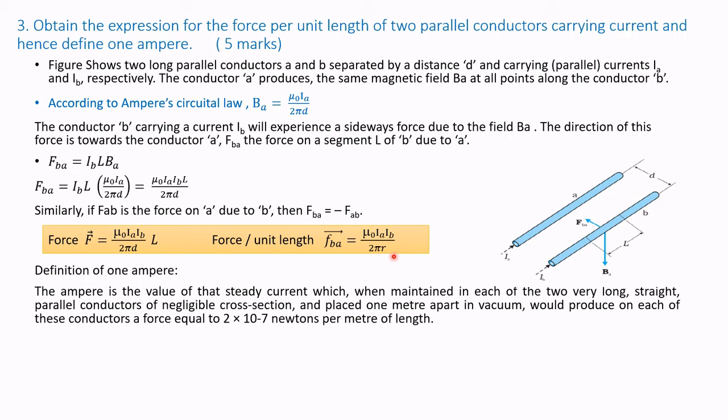This is the definition, that is, it is the value of steady current in the two very long straight parallel conductors of negligible cross section and placed here d is equal to 1 meter in vacuum would produce on each of these conductors a force equal to 2 into 10 to the power of minus 7 newtons per meter length.